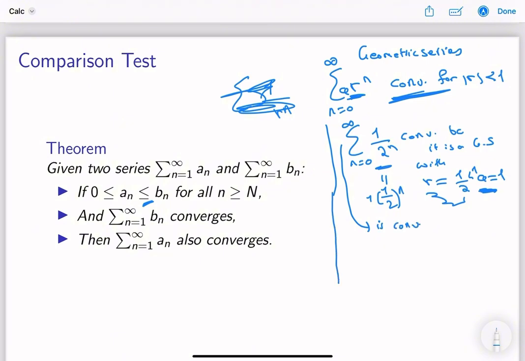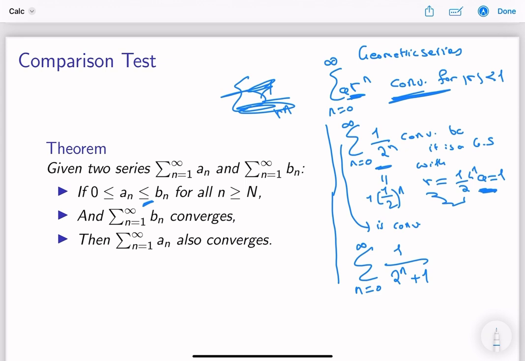So now suppose you found something similar. You encountered a similar series. For example, you encountered the series, the sum from n equals 0 to infinity of 1 over, let's say, 2 to the n plus 1, right? So this is not a geometric series.